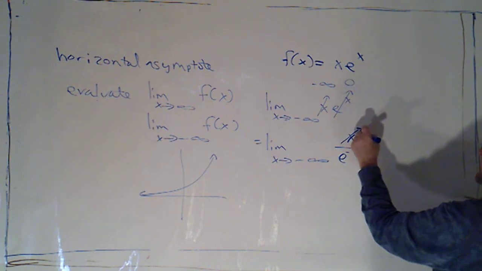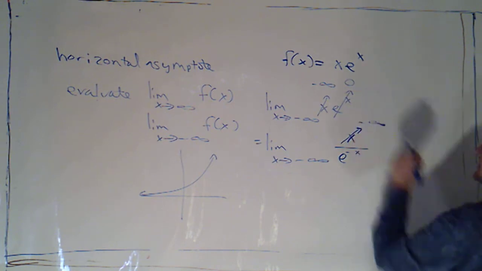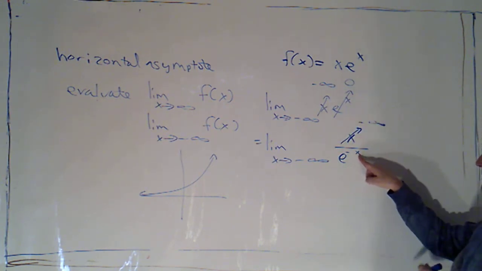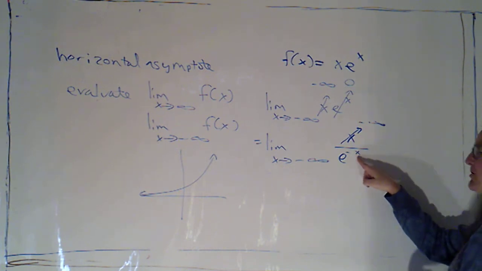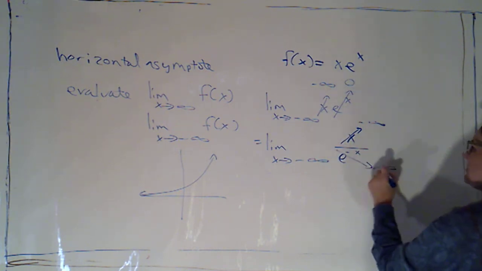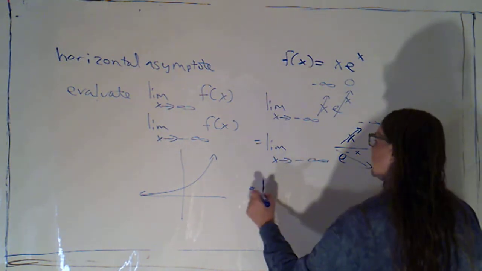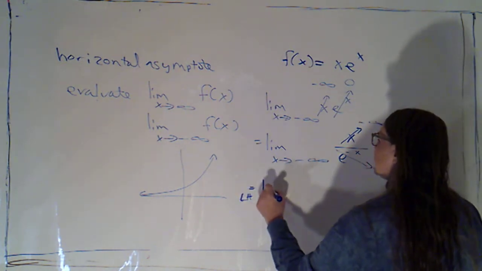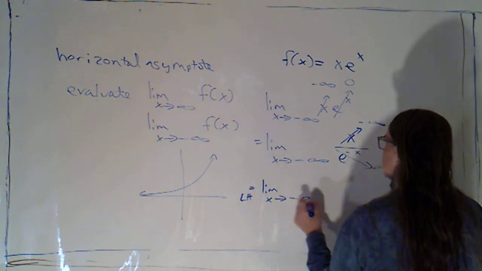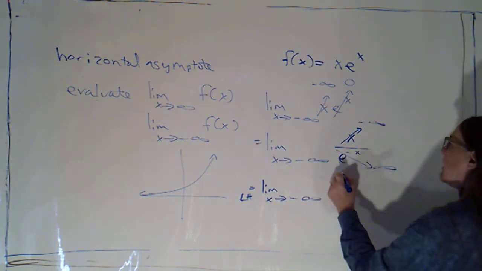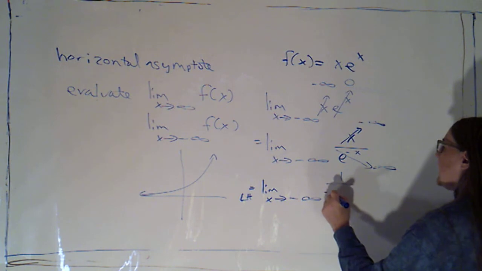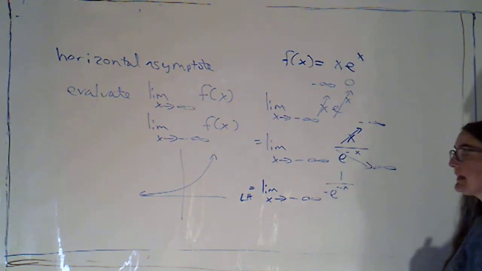So now that's going to negative infinity. If x is going to negative infinity, the opposite of x is going to positive infinity, so that's going to infinity. Now I've got an indeterminate quotient, and I can use L'Hopital. So this is the limit as x goes to negative infinity of 1 over negative e to the negative x.